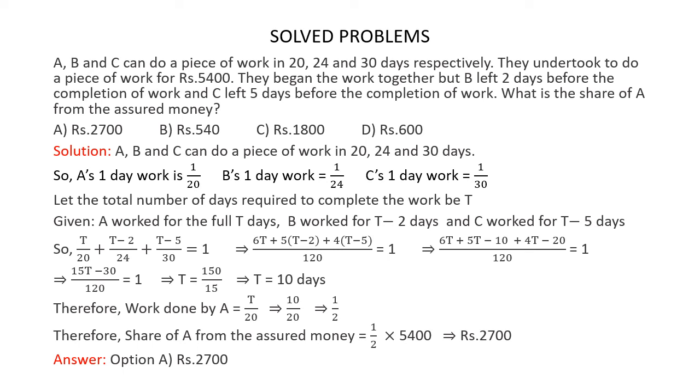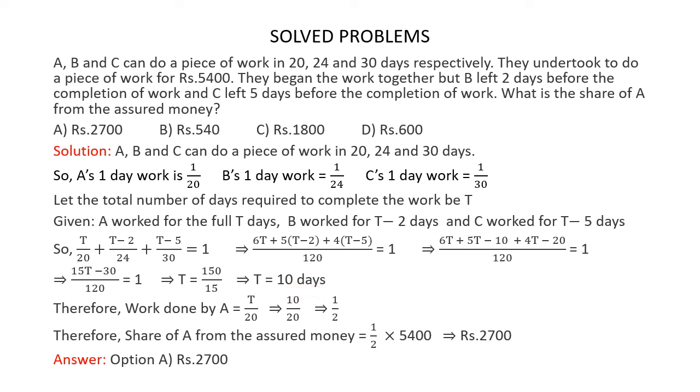Now A's T-day work plus B's T minus 2-day work plus C's T minus 5-day work is the complete work. So T by 20 plus (T minus 2) by 24 plus (T minus 5) by 30 is equal to 1. On solving this equation, we get T is equal to 10 days.